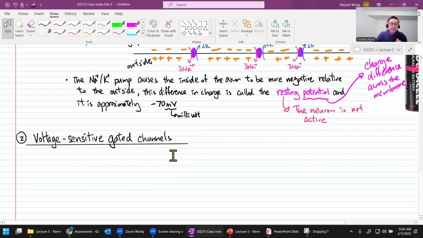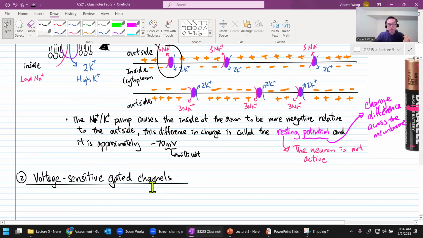Well, these gates are voltage sensitive. In other words, the channels will either be open or closed depending on what the potential of your membrane is. Like if it's at minus 70, then they are going to be closed. If it's at some other numbers, then they will be open. So that's what it means by voltage sensitive gated channels.